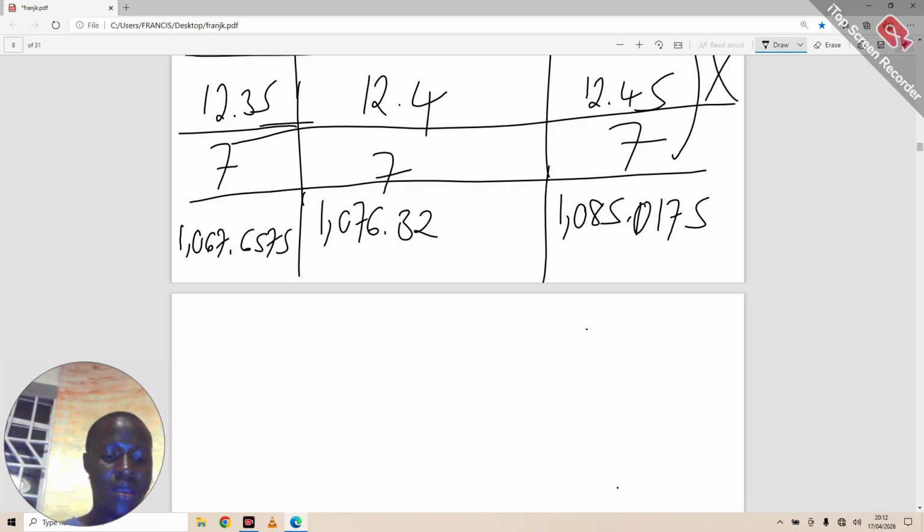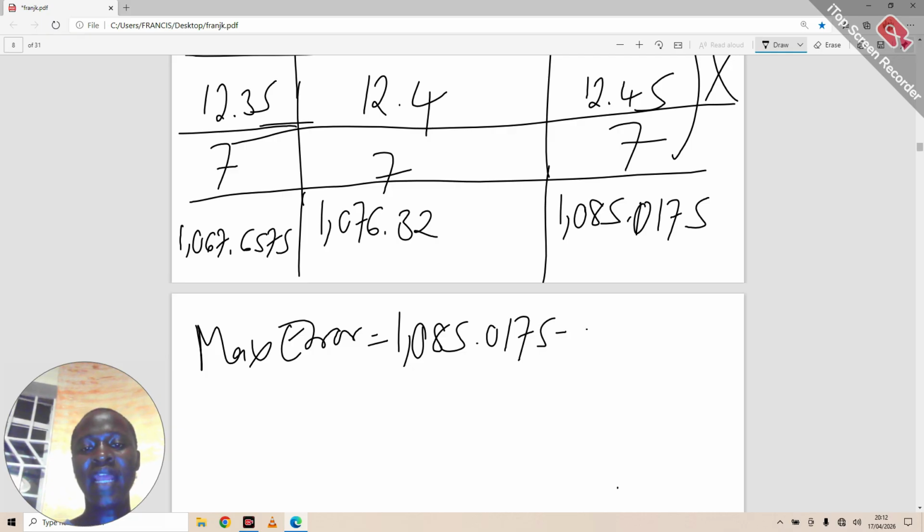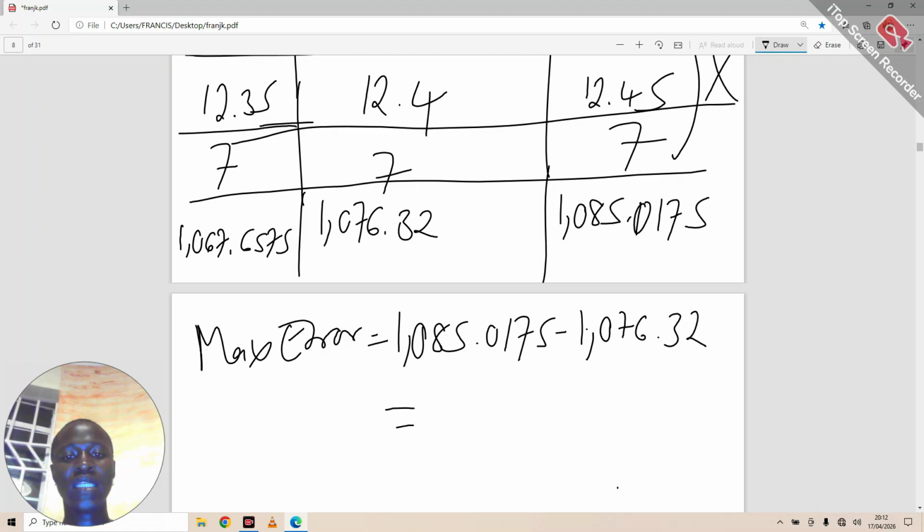So maximum possible error, maximum error or the greatest error, you talk of the maximum value, 1085.0175, minus the actual value, which is 1076.32. So let's have that in your calculator. 1085.0175 minus 1076.32.